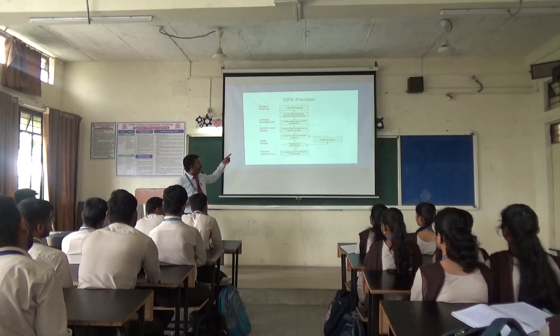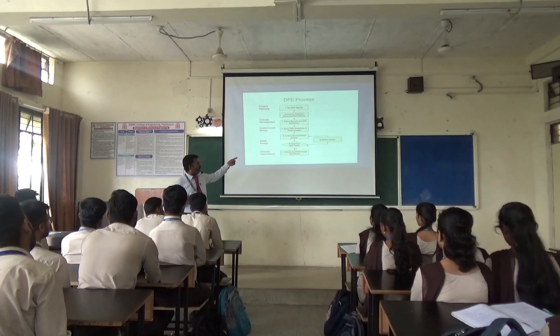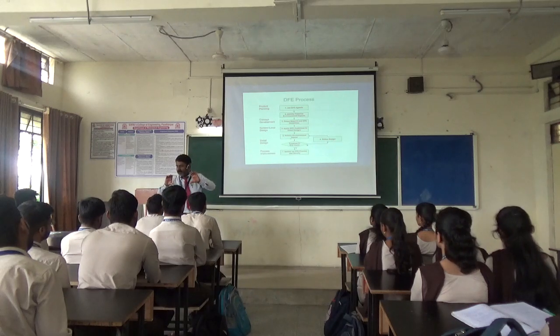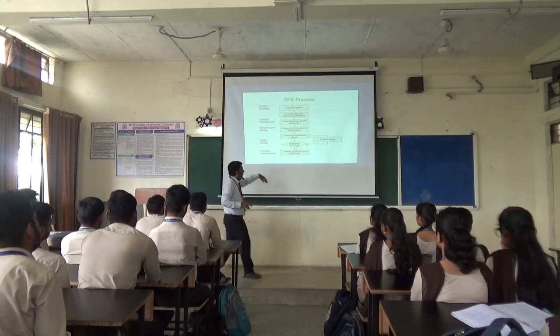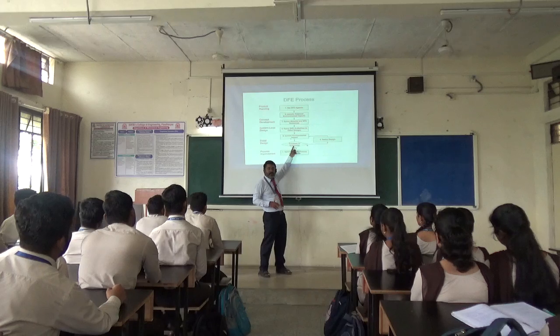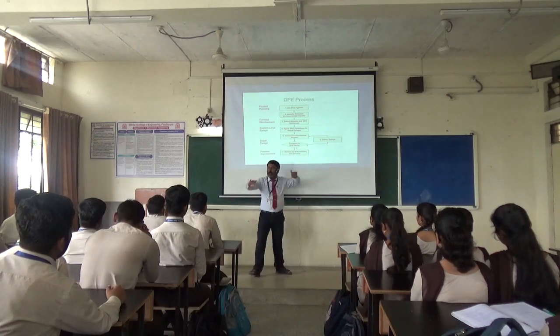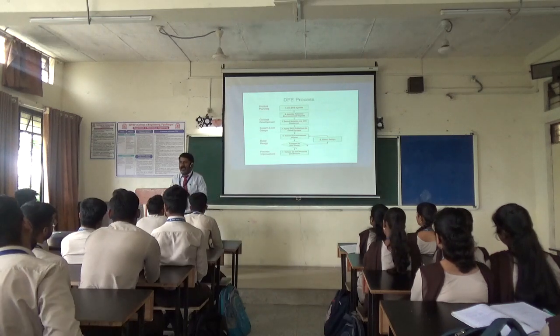Assess the environment impact, refine the design and compare to DFE goals. Whatever model you have manufactured, check it for environmental impact. If it is good, directly go for the next process. If some modifications are required, compare with the DFE goals. What have we decided? Now it is going for 100% polluted or contaminated water.